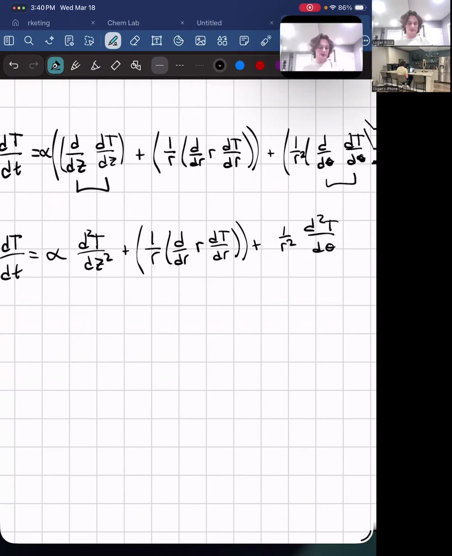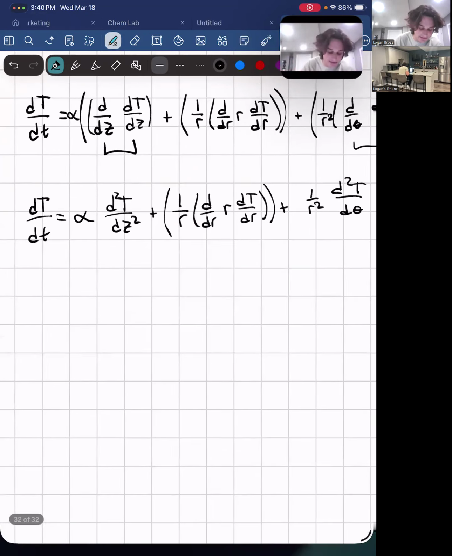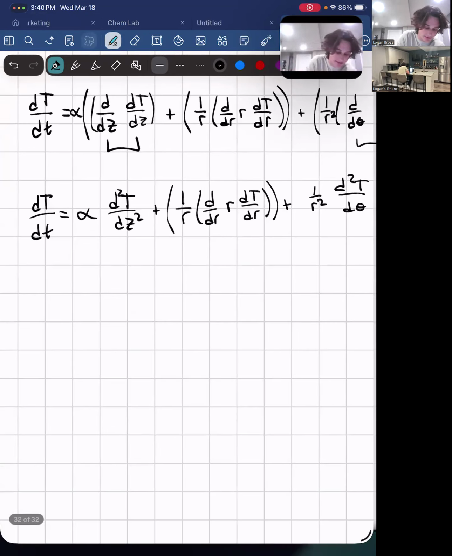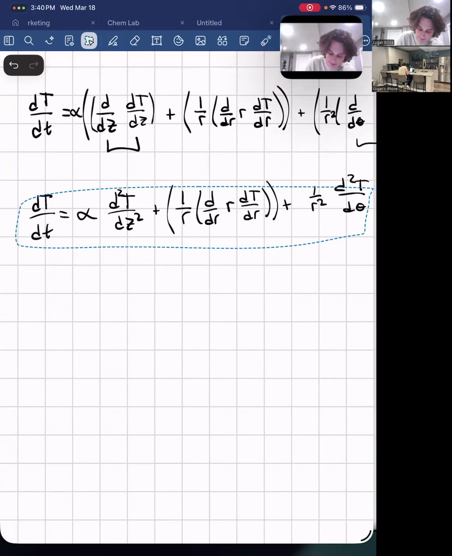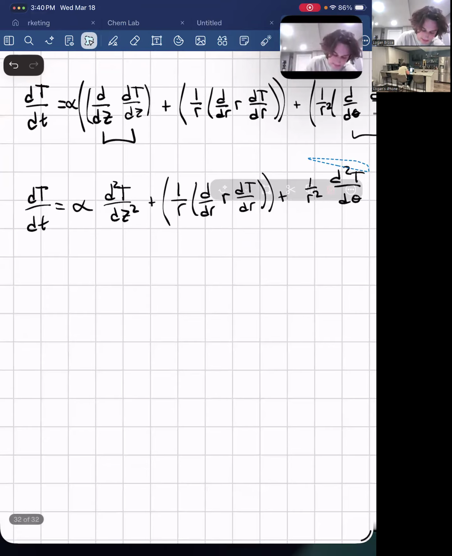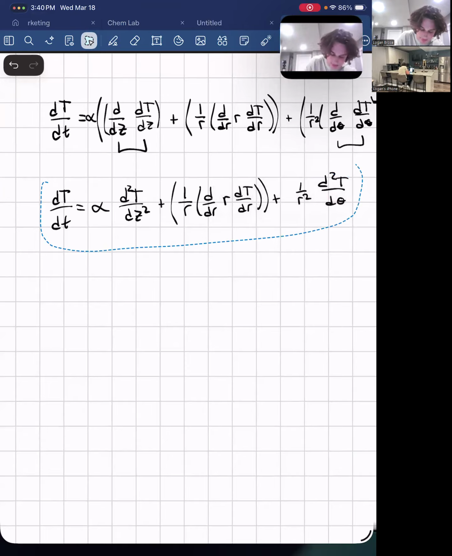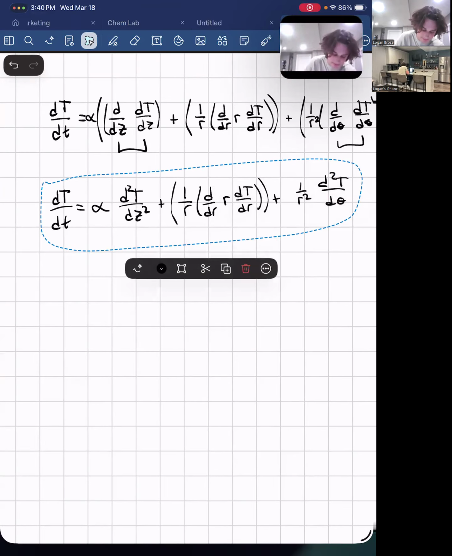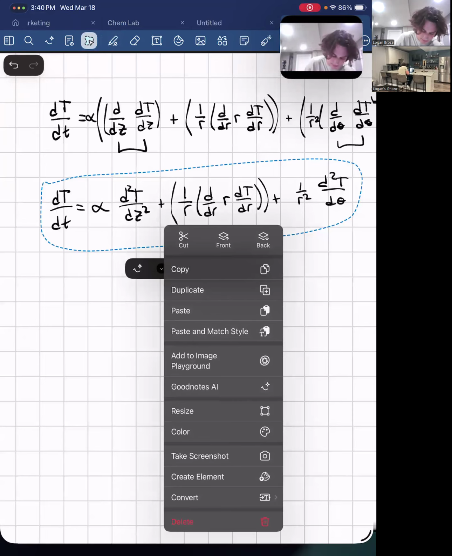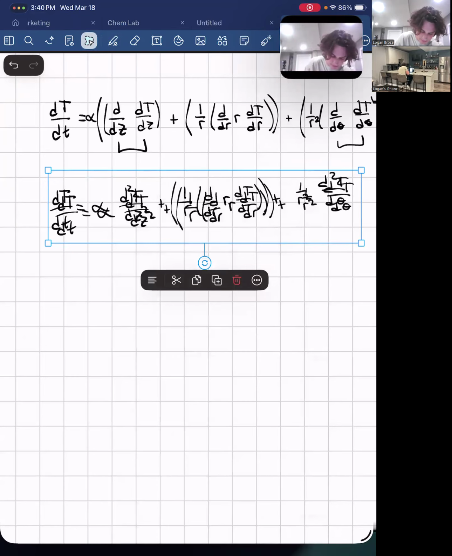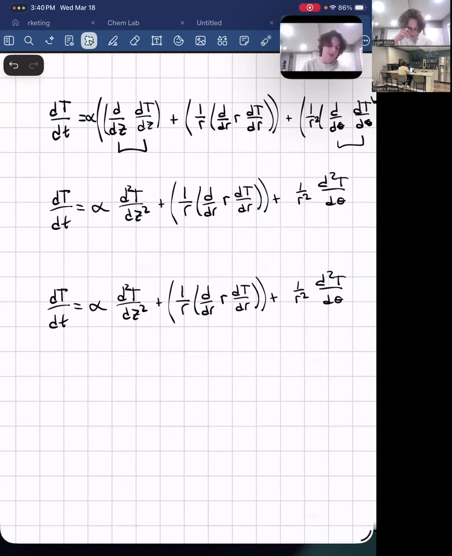So from this, we'll move on to the next part of the question. I'm going to copy this so that I can mark it. Okay, so we have this equation.